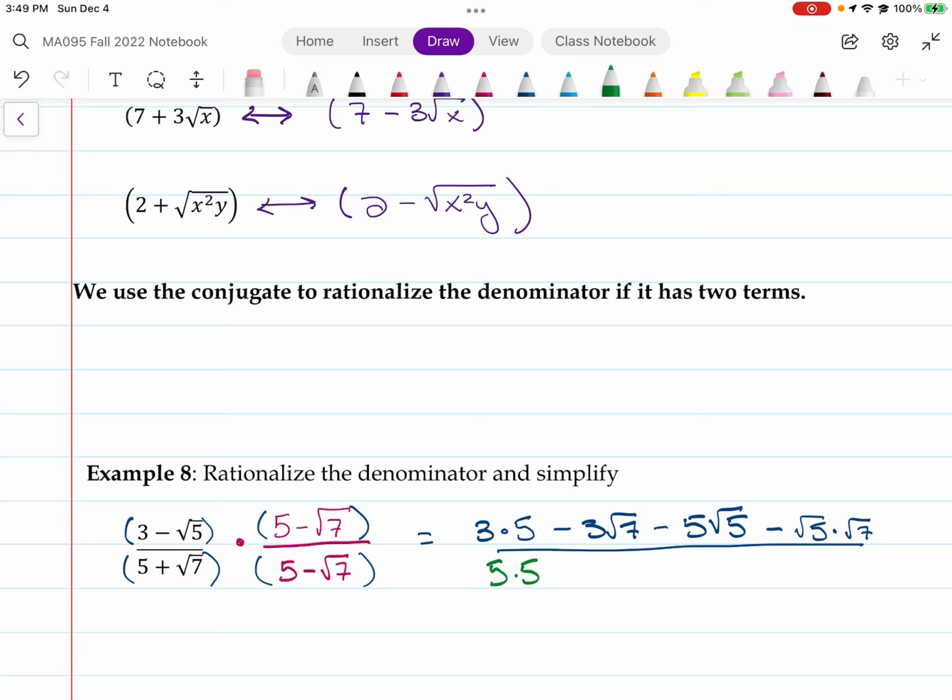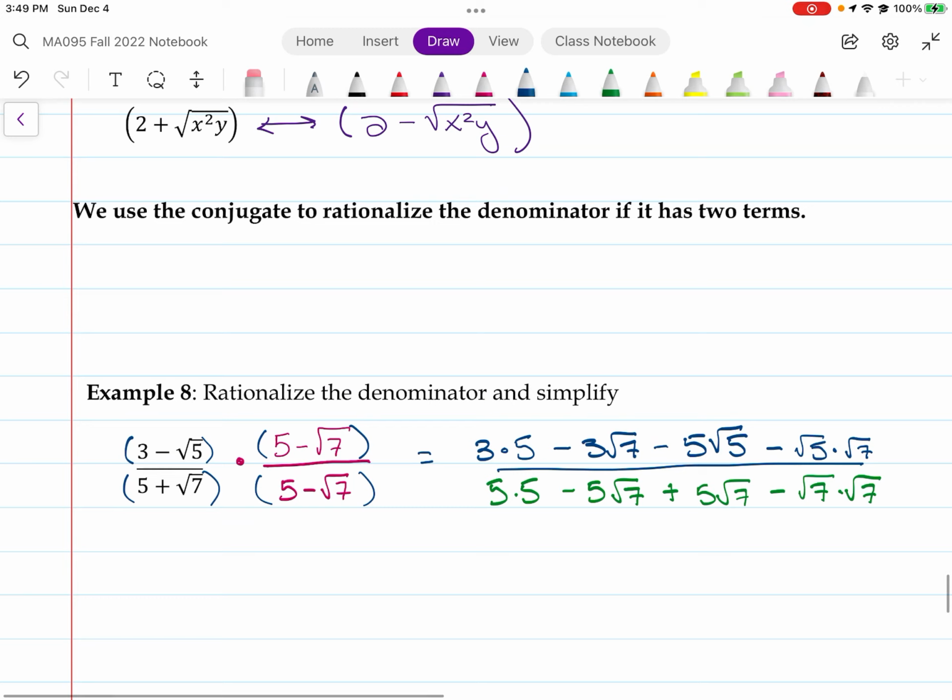All right, the outside is minus 5 square root of 7. And the inside is 5 square root of 7. Look at that. And then the last is minus, because there's a plus and a minus multiplied together, square root of 7 times square root of 7, which is what we were going for. It's going to go away.